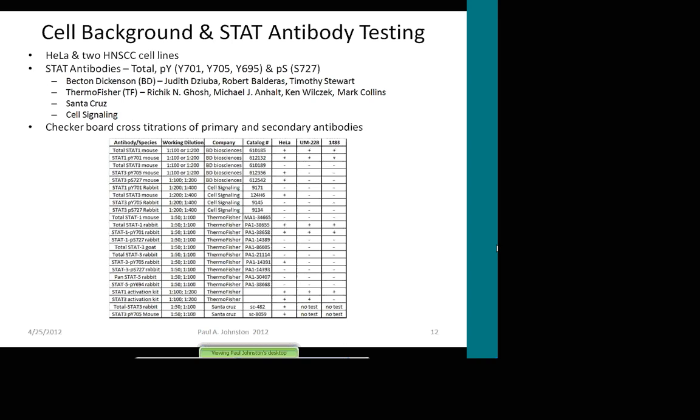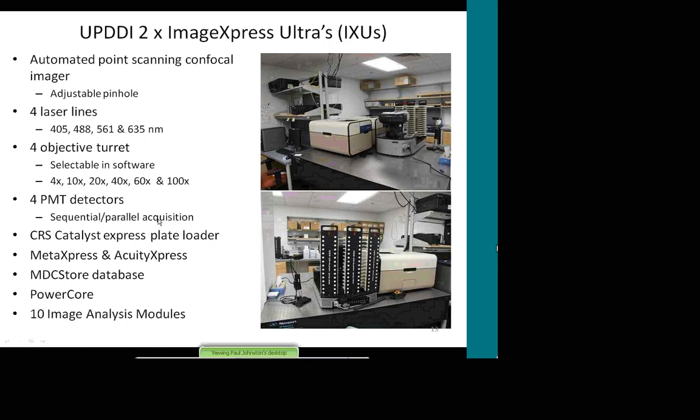We looked at HeLa cells and a couple of other head and neck cell lines, UM-22B and 1483, and tested these different antibodies for reactivity with both STAT3 and activated STAT3, activated with IL-6.